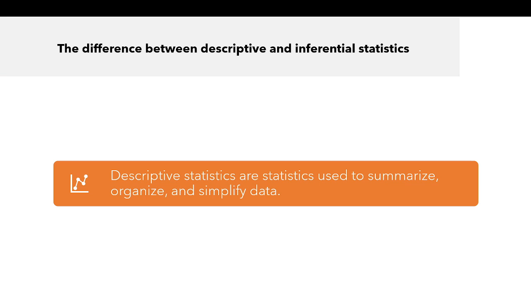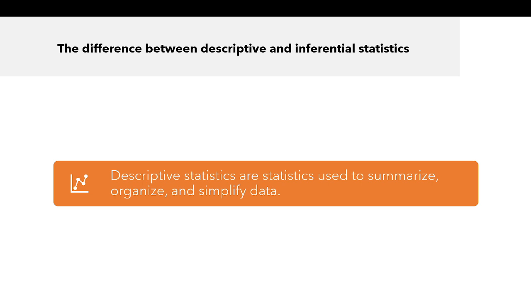So the difference between descriptive and inferential statistics. Descriptive statistics are those that are used to summarize, organize, and simplify data. So when we are producing pie charts or graphs, or when we're providing the average of something, these are examples of descriptive statistics because they help us summarize and organize data, right?